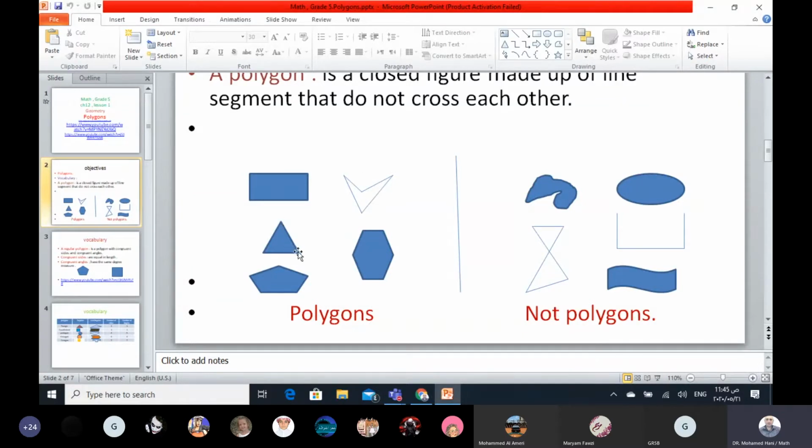And also here we have a closed shape, and we don't have a cross, and we have straight lines, all sides straight lines. So this is a polygon. Here all sides are straight lines and a closed shape.